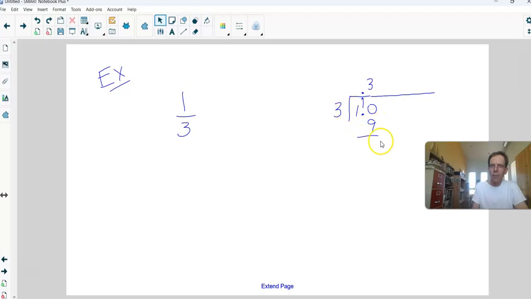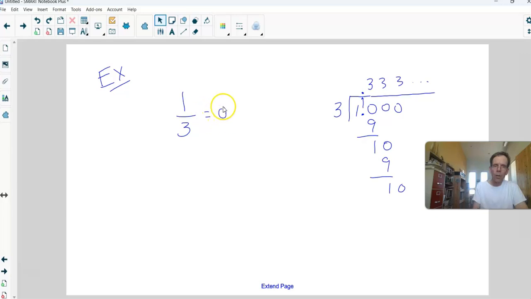We subtract. 10 minus 9 is 1. We add another 0 on there, and wow, we have to divide 3 into 10 again, and we get a 3. We get another 9 when we multiply. We subtract, we get a 1. Then we bring another 0 down, and we keep getting 3s forever and ever and ever.